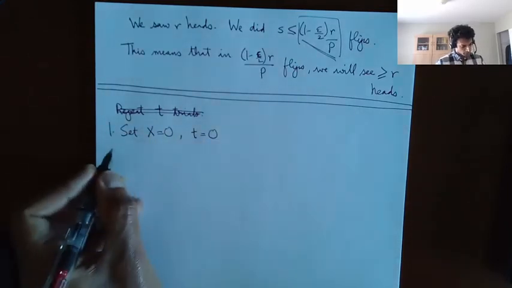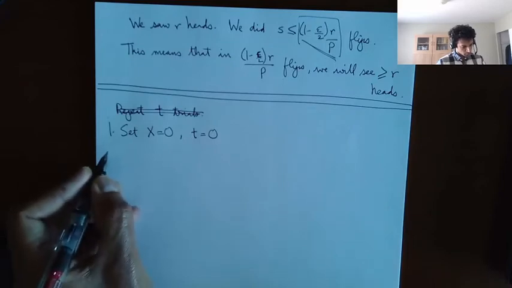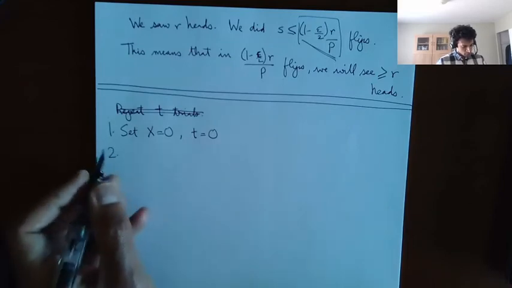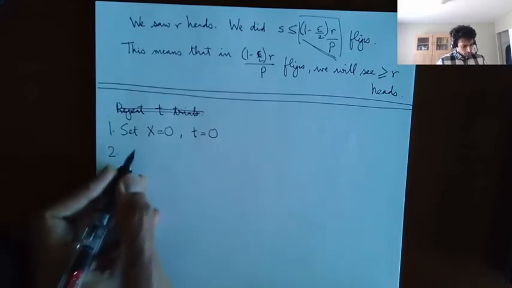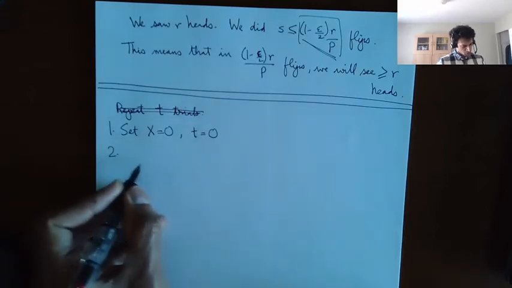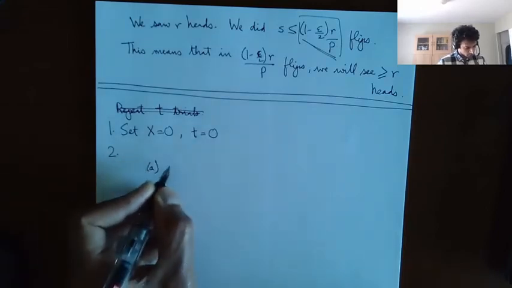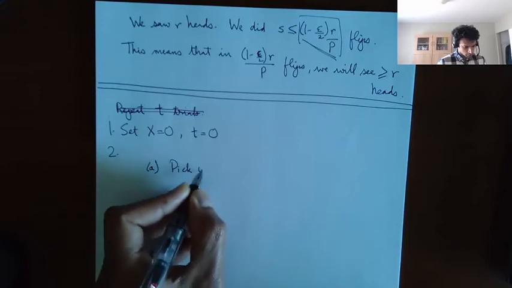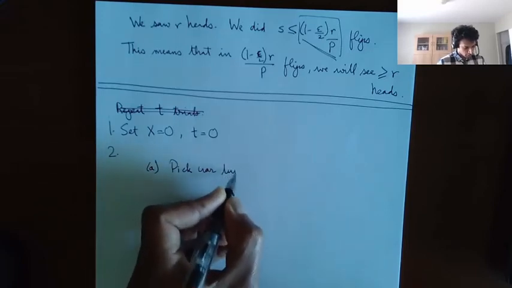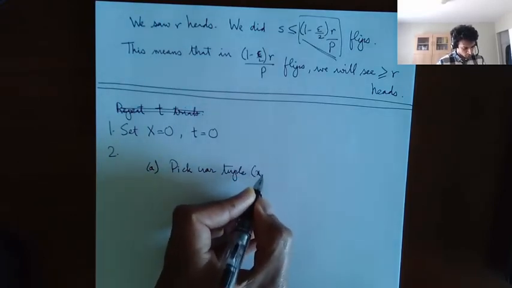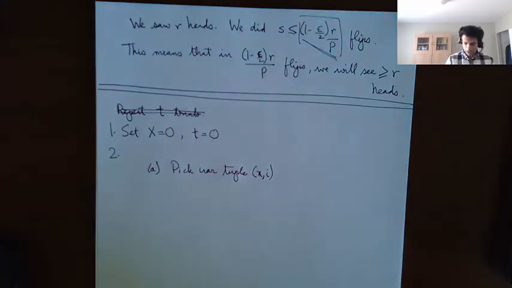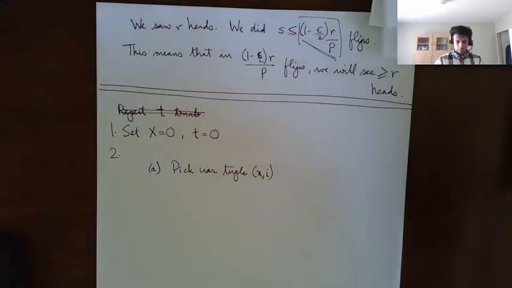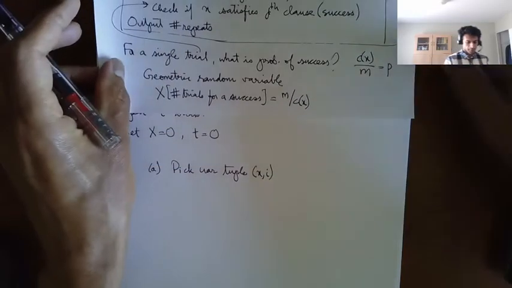I'm going to put some condition here which we'll get to. Let me pick a uniform at random tuple xi. Remember that the i is going to become irrelevant.